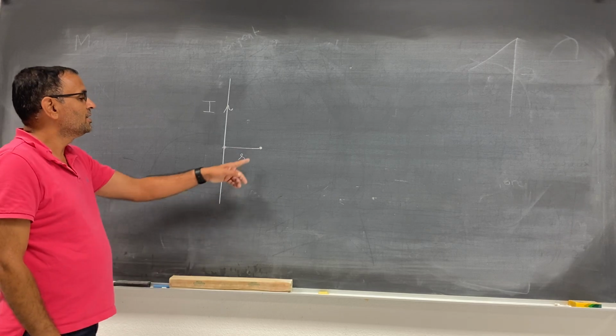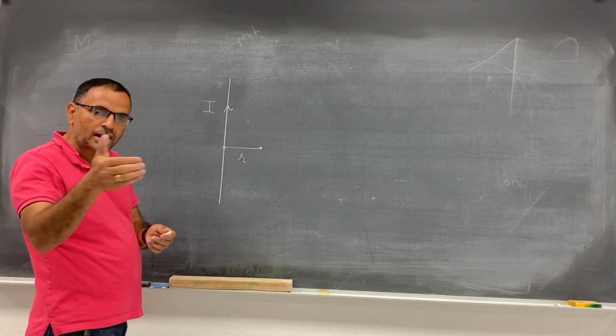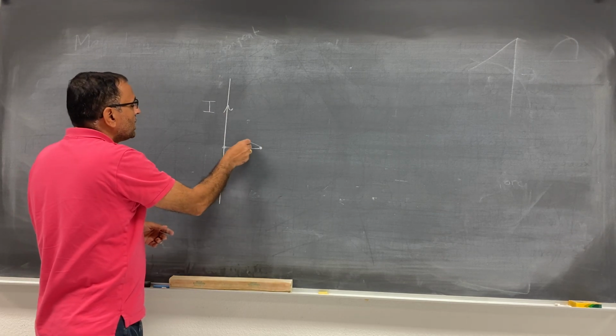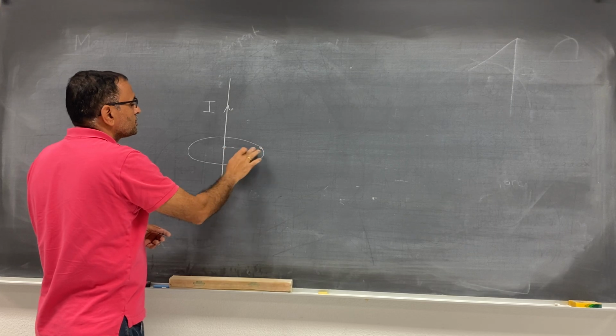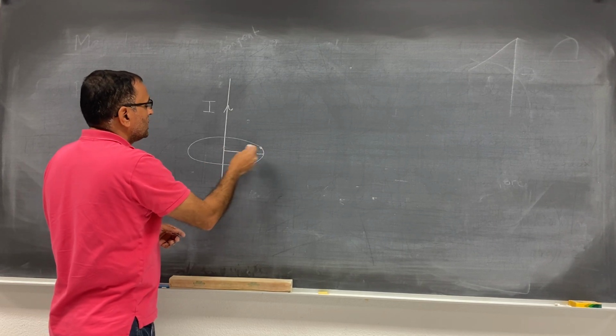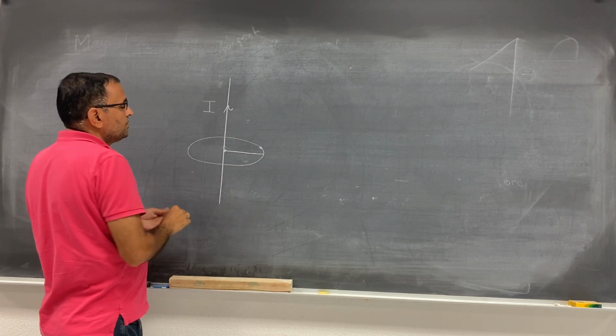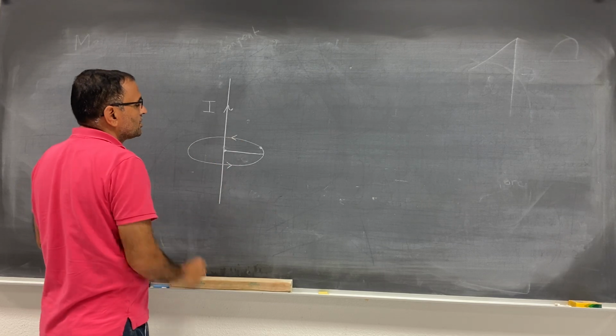So how do you get the magnetic field here? You use the right hand rule, then draw a circle like this. Okay, so the magnetic field, using the right hand rule, is this way.